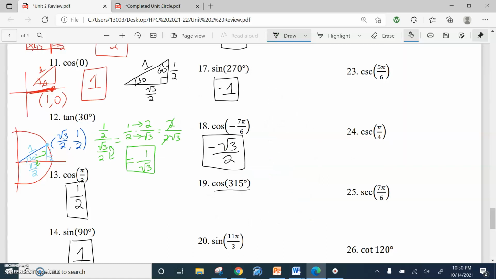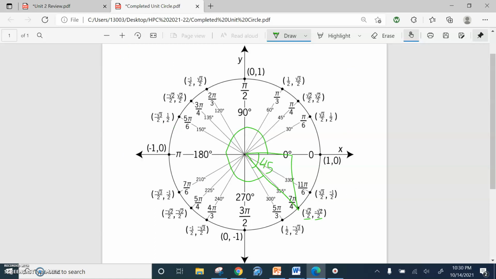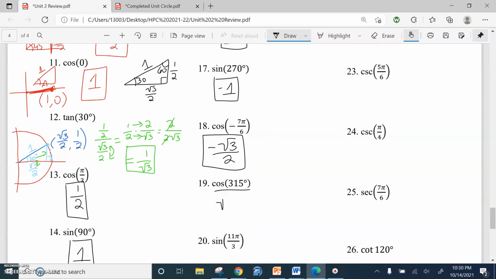We're looking for the cosine, so cosine goes with x, and to get to the fourth quadrant, we used a positive x value and then a negative y. So in this case, our answer is the positive answer, root 2 over 2. Okay?